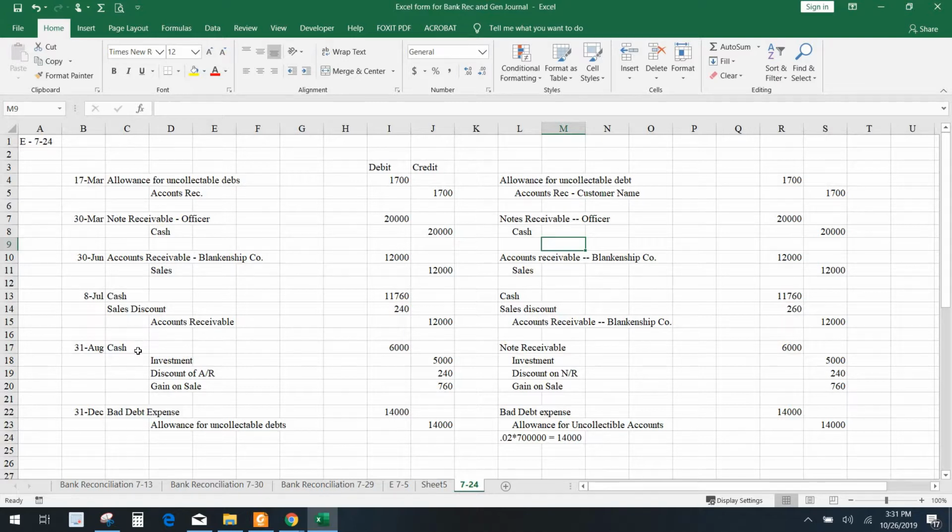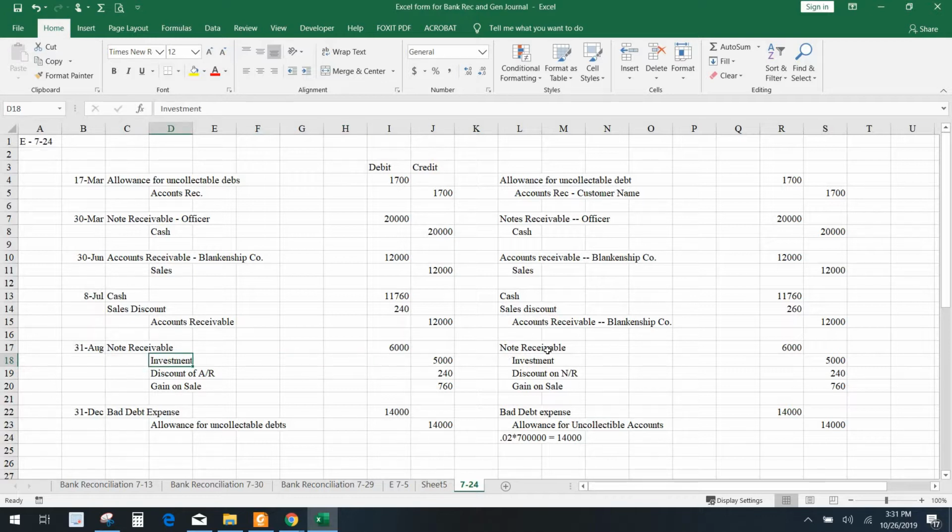Oh, okay, I put cash here. I don't think it said cash or note receivable, so I just put cash, but we'll just put note. Yeah, because it sold the note for a discount. So yes, it was a note.